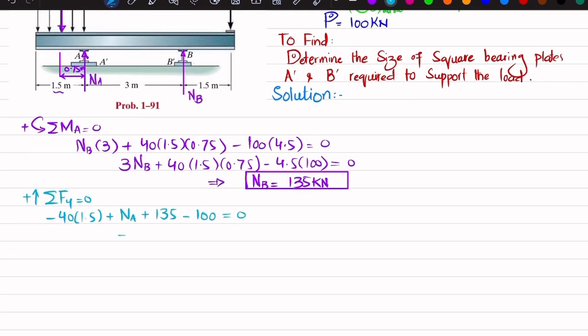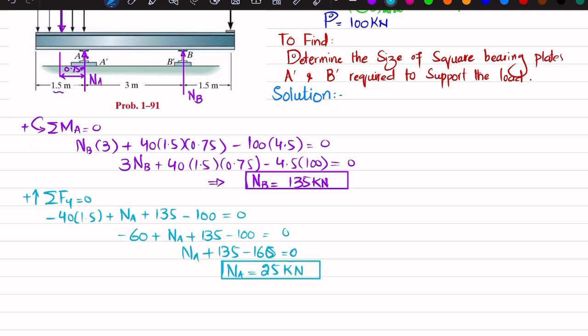So you will get minus 60 plus NA plus 135 minus 100 equal to 0. So NA will be equal to 25 kilonewton.